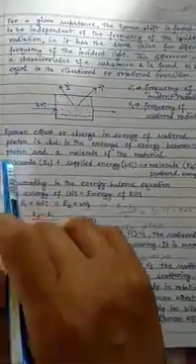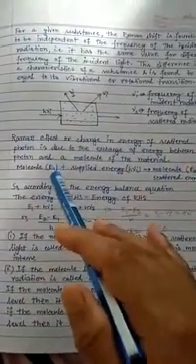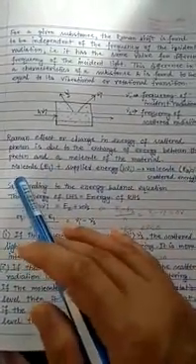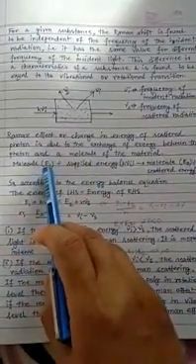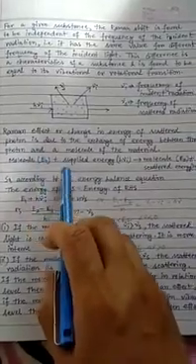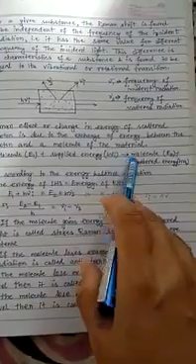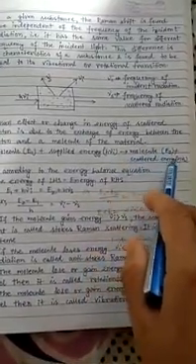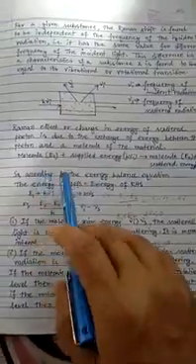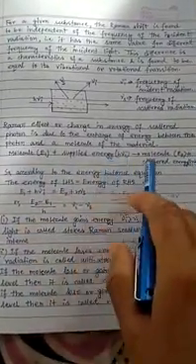So the Raman effect, or a change in energy of the scattered photon, is due to the exchange of energy between the photon, that is the incoming photon, and the molecule of the material. Suppose the molecule before the interaction with the light has energy E1, and the supplied energy, that is the incident light, is h nu i, and after this interaction the molecule has energy E2 and the scattered light has energy h nu s. So according to the energy balance equation, the total energy on the left side should equal the total energy on the right side.